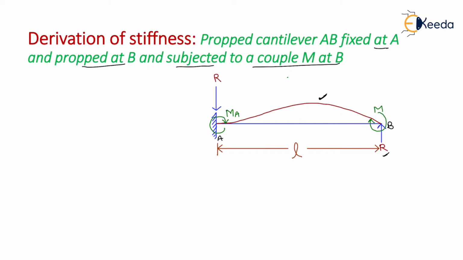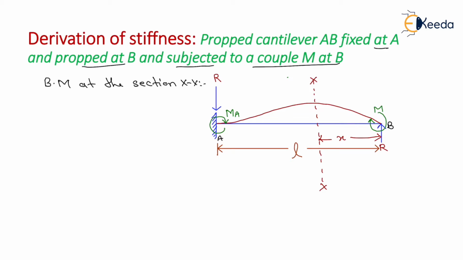Now for the consideration of section, we will take a section XX at a distance x meter from support B. Now what will be the bending moment at this section XX?